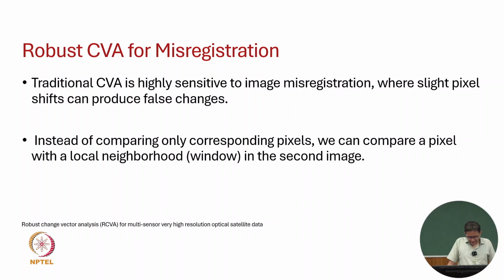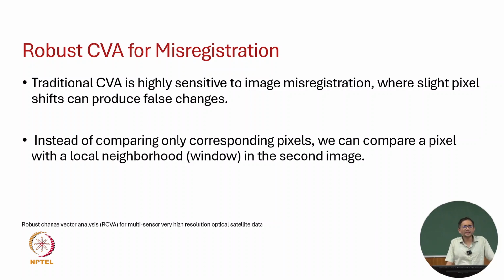There were several approaches to improve upon this. One possibility is robust change vector analysis, where the concern is how to account for possible misregistration between the images.